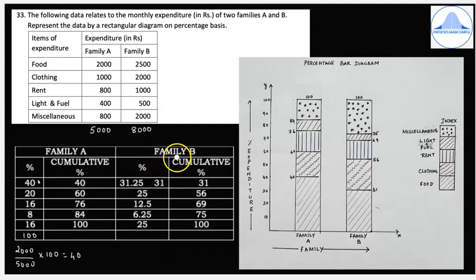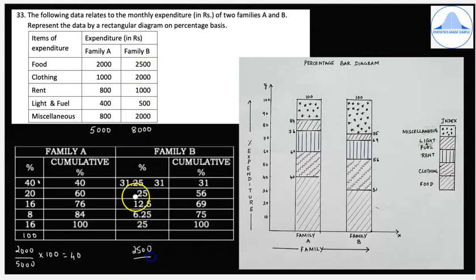In a similar way, you can find out the percentage for family B and the cumulative percentage on expenditure of various categories. So how did we get this 31.25? So what you have to do is take the expenditure on food for family B, that is 2500.